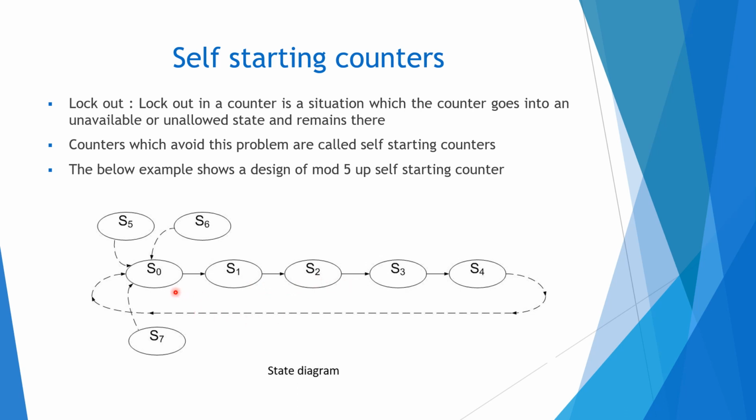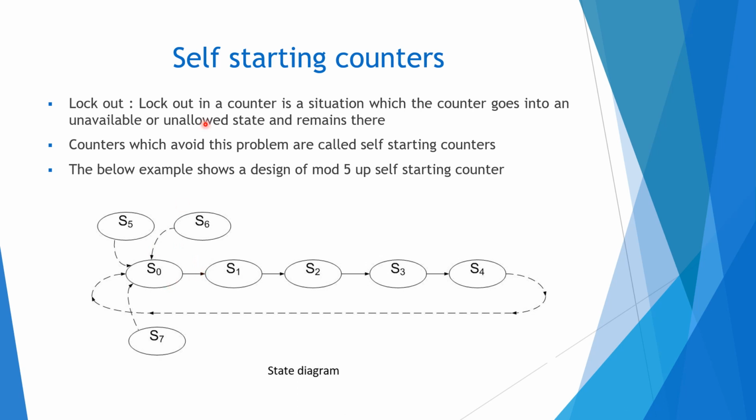Here the video example shows a design of a mode 5 up self-starting counter. If you are using 5 states, that is S0, S1, S2, S3, S4, and then again to 0, there are 3 unallowed states. Suppose with a noise or glitch the counter goes to these 3 states, it has to come back to the initial state or any of the valid states. So this is called the lockout problem.